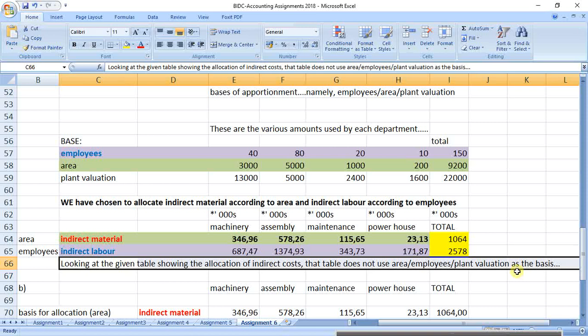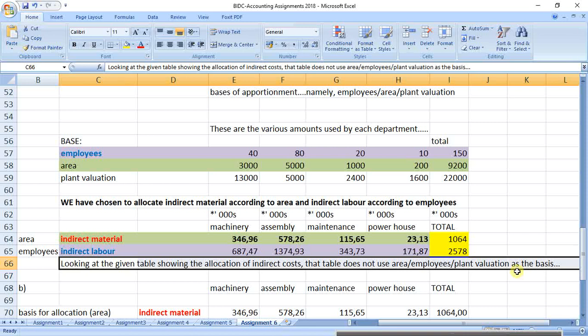So are they asking you to take maintenance and powerhouse and allocate that to the machinery and assembly? That's for 8 marks. That's a lot just to take those costs and put it over assembly and machinery.